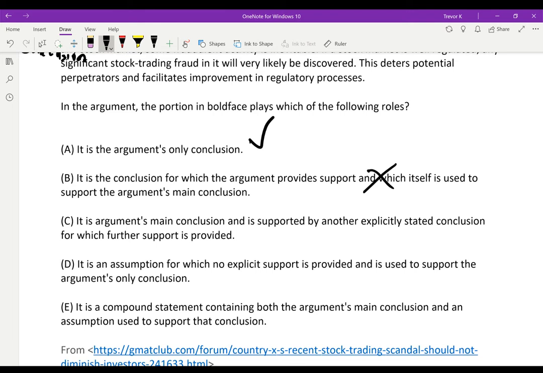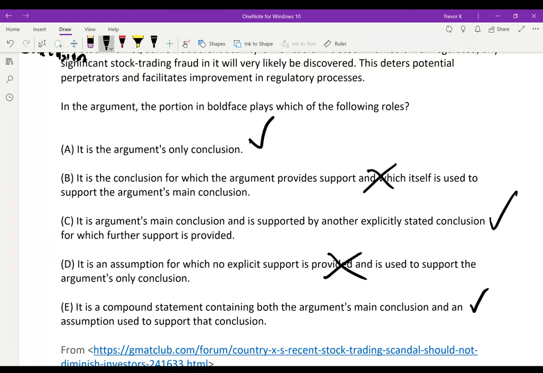No, it doesn't support anything, right? It is the argument's main conclusion. It is supported by another explicitly stated conclusion for which the support is provided. I'm not sure. It is an assumption for which no explicit support is provided. No. It is a compound statement containing both the argument's main conclusion and an assumption used to support that conclusion.